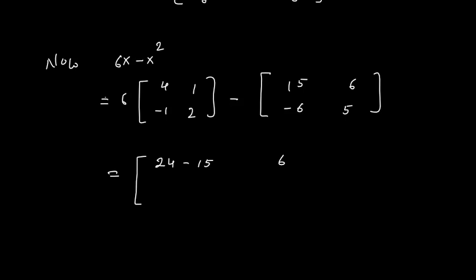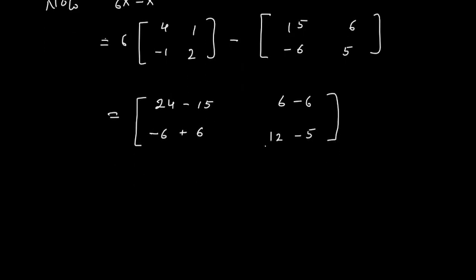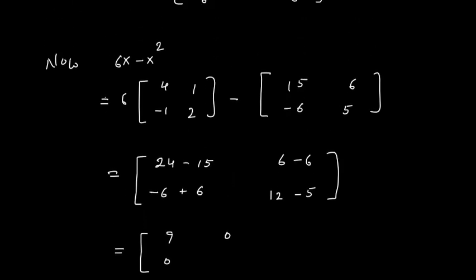The second element, 6 into 1 is 6, minus I have 6. Here it is minus 6, and this is minus minus plus 6, and 6 into 2, 12 minus 5. So this is equal to, now 24 minus 15, I got 9 here, I got 0 here, I got 0 here, and I got 7. Okay, so let us check.